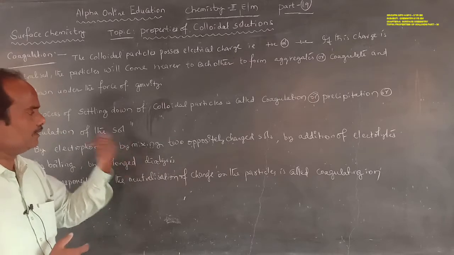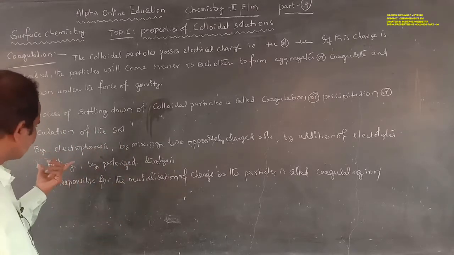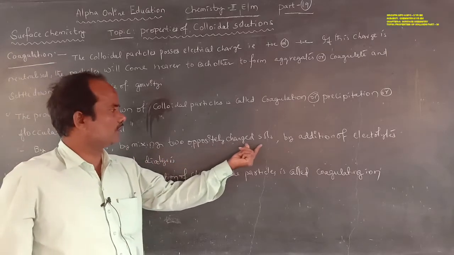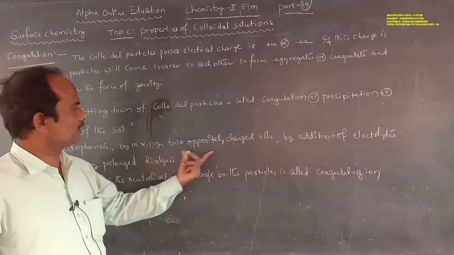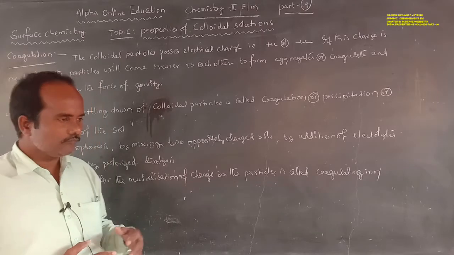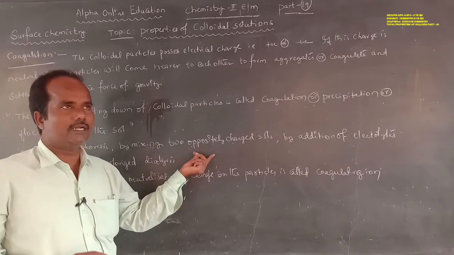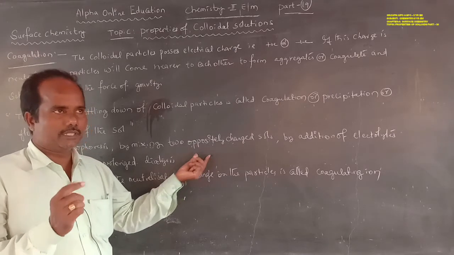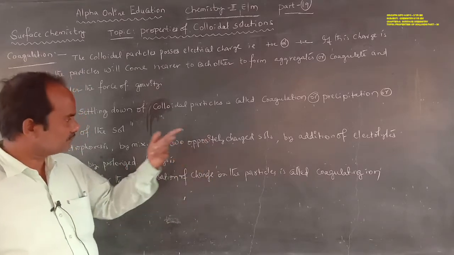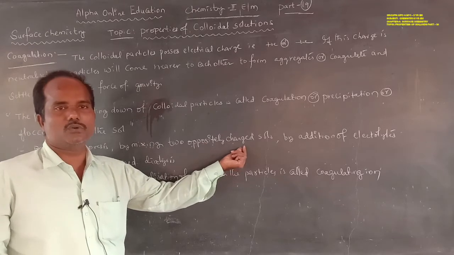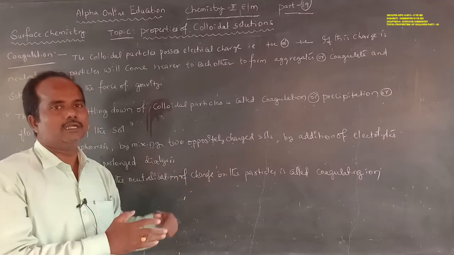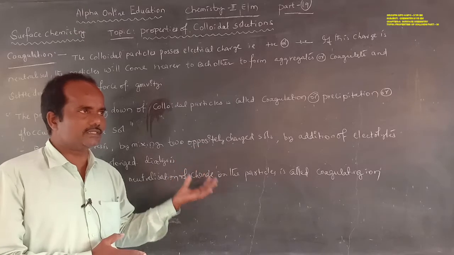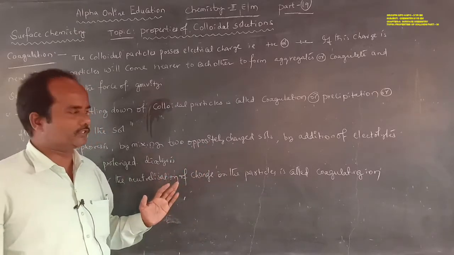That is coagulation. Next, by mixing two oppositely charged sols: when the colloidal solution is positively charged and an equal amount of negatively charged sol is mixed, coagulation happens and the total dispersed phase settles down.